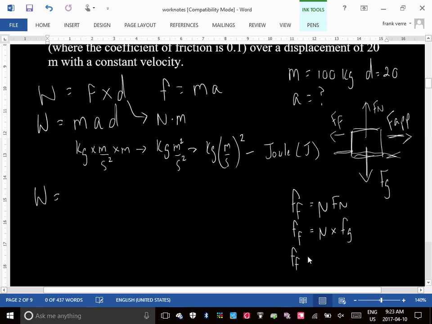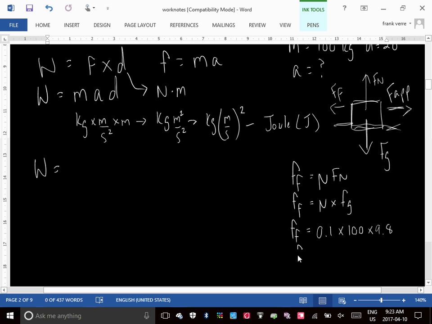So in this case, the force of friction would be mu, which is 0.1, times the mass, which is 100, times g, which is 9.8. So I believe it's 98 newtons, right? I believe the answer is 98 newtons.